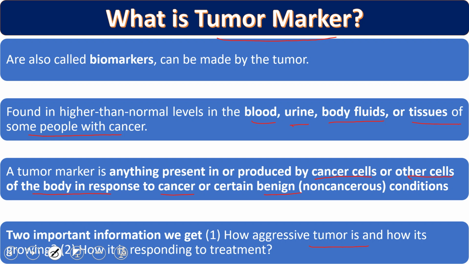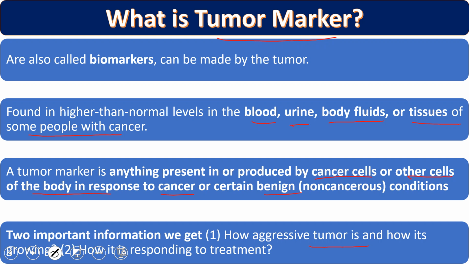Tumor markers are substances, in most cases proteins, that are produced by the cancer tissue itself, or sometimes by other nearby, neighboring cells of the body in response to cancer growth. Some of these substances can be detected in body samples like blood, urine, body fluids, tissue, inside the cells, or on the cells.